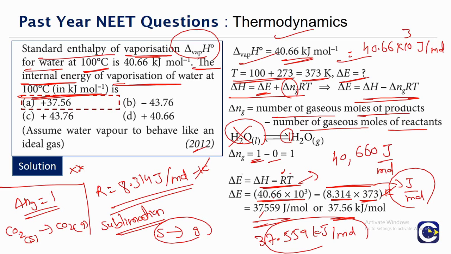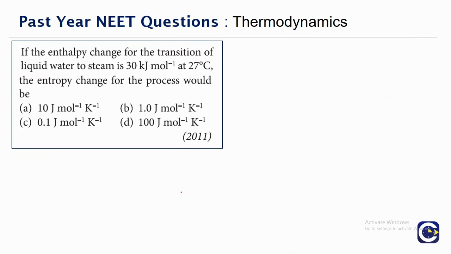So what is the product side? Gas moles 1; reactant side is solid, we don't count it. So here also what is the value of del Ng going to be? 1. In the sublimation case also we take the del Ng value as 1. So we must practice all these things.